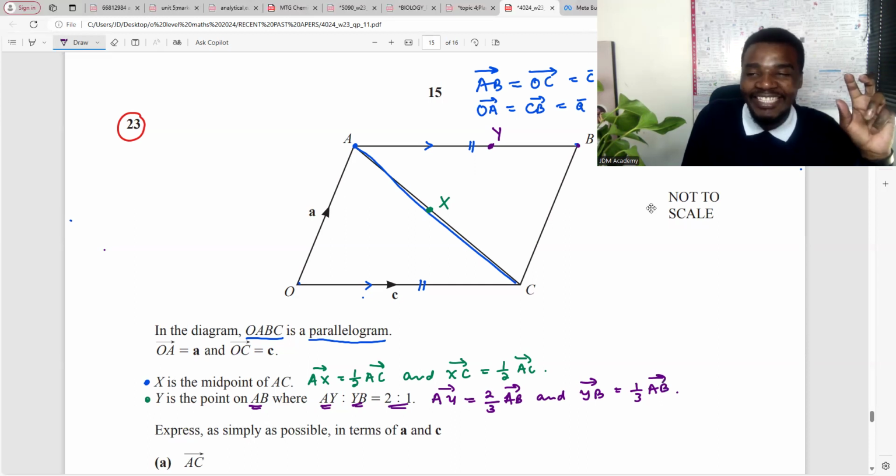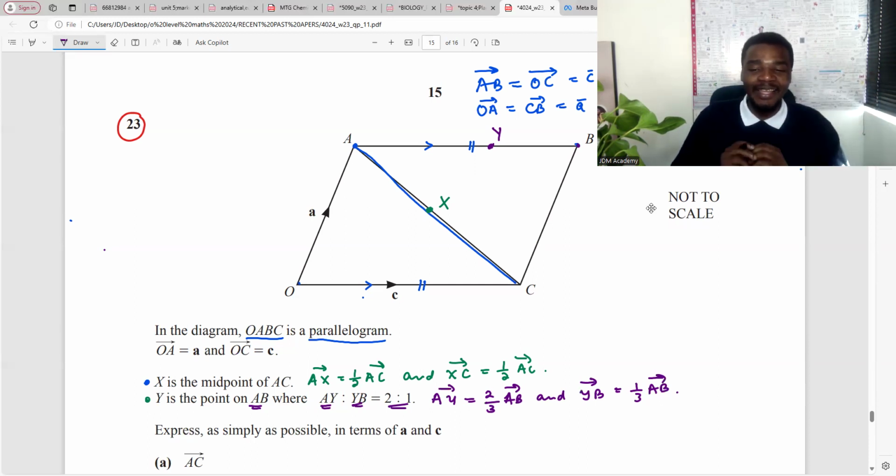This interpretation is very, very important. As long as we know vector AB, it's easy for us to find vector AY, and it's also easy to find vector YB, taking advantage of this ratio.